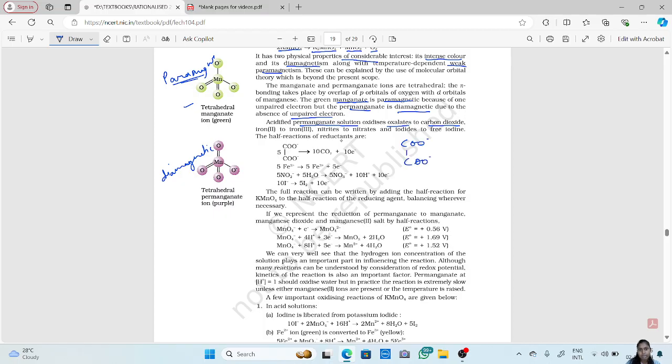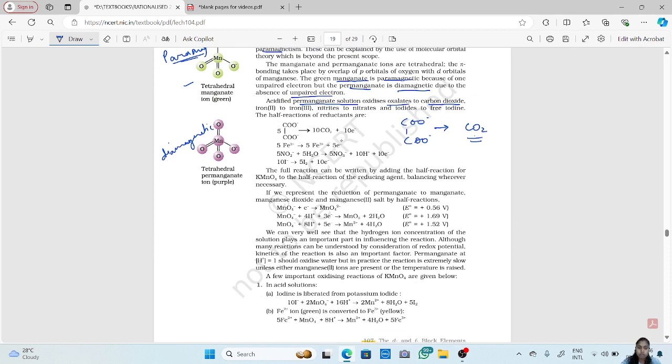So permanganate solution converts these oxalate ions to carbon dioxide. Other conversions are iron 2 to iron 3, nitrites to nitrates, so NO2 to NO3, and iodides to free iodine. So it is basically an oxidizing agent.